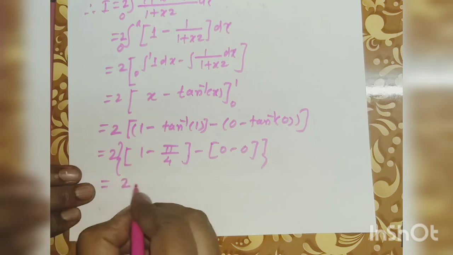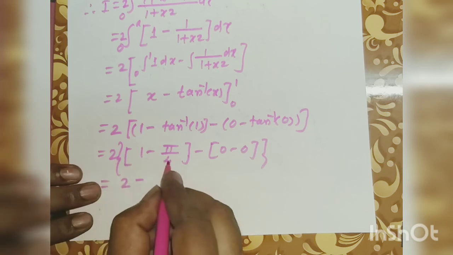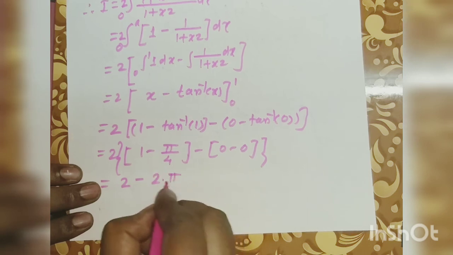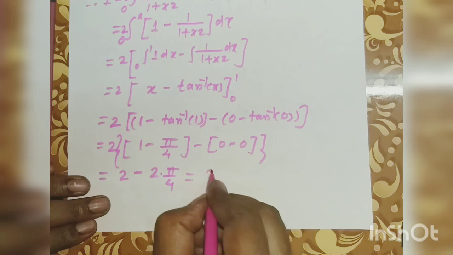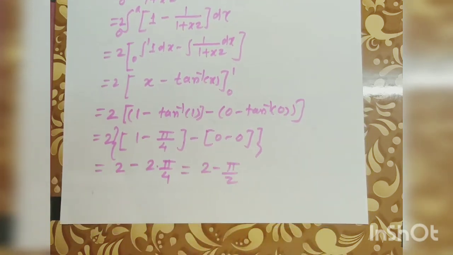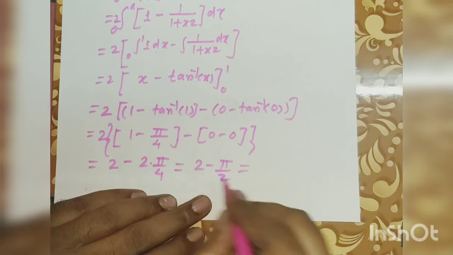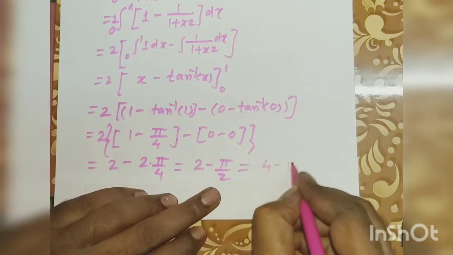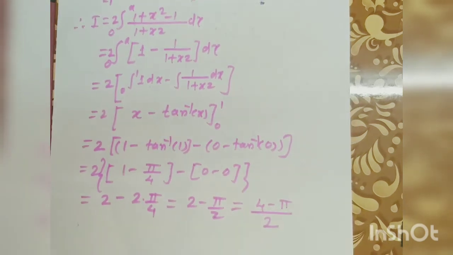That is equal to 2 minus 2 into pi by 4, which is equal to 2 minus pi by 2. Again take its LCM: 2 into 2 is 4, so (4 minus pi) divided by 2 is the final answer.